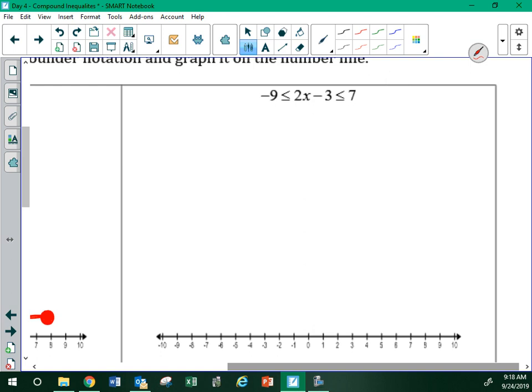Alright, so again, we've got 3 different sides here. So I'm going to get x by itself, so I'm going to have to add 3. I'm going to do that to all 3 sides. I've seen some people draw a line to help them know that they're about to write a new line, and that's perfectly fine.